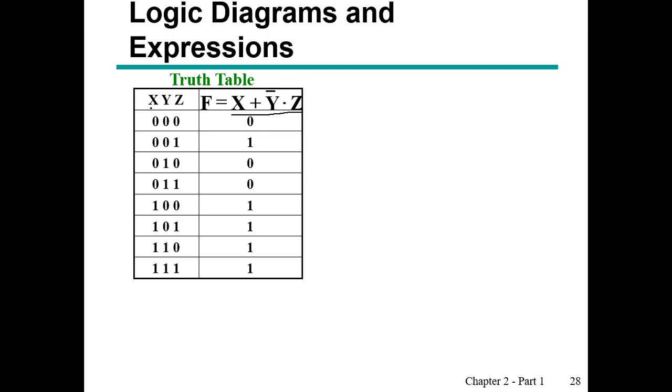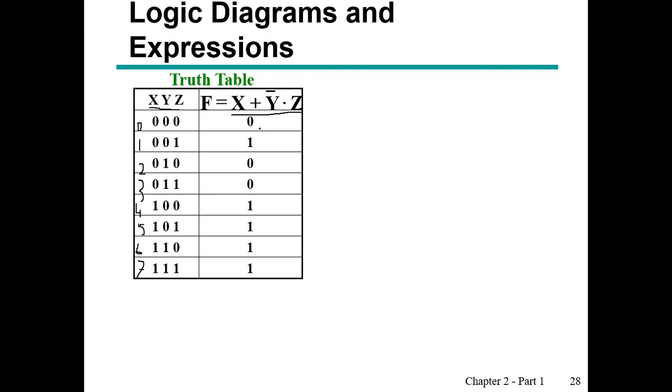So if we want to have a truth table for this function, we need to have these three as inputs and all their possible combinations. 0 0 0, 0 0 1, 0 1 0, 0 1 1, 1 0 0, 1 0 1, 1 1 0, 1 1 1. So this in decimal is 0, 1, 2, 3, 4, 5, 6, 7. Okay. So this is how it is.